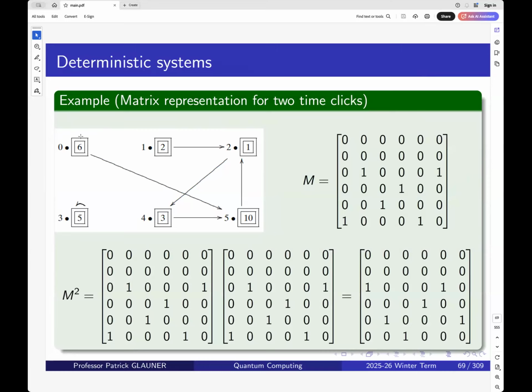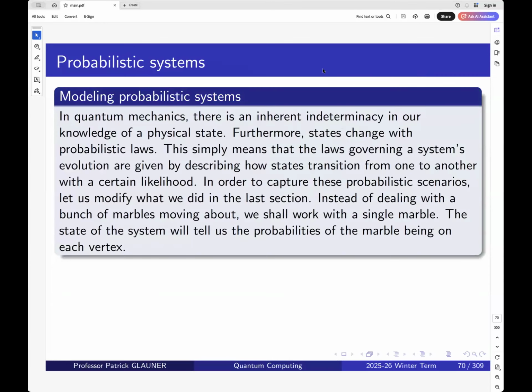And what we saw is we have a certain number of marbles we move around. We don't think about marbles anymore, but rather we will generalize this now and think in terms of probabilities. So we will later need quantum mechanics, and quantum mechanics is a generalization of probability law.